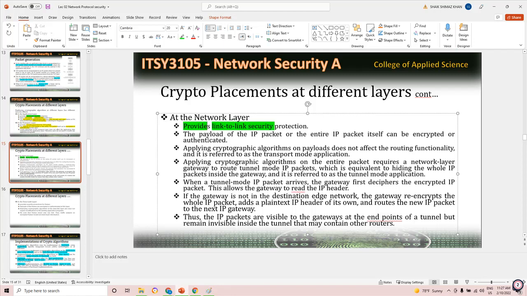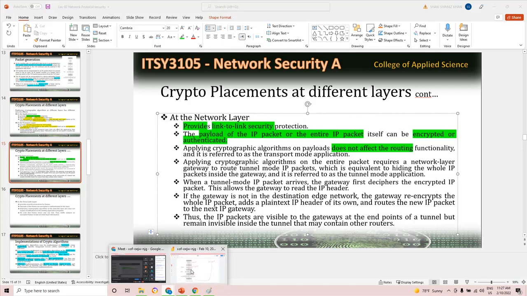The payload of the IP packet or the entire IP packet can be encrypted or authenticated. Applying cryptographic algorithms does not affect routing. This is important, just remember this. This is enough, students.